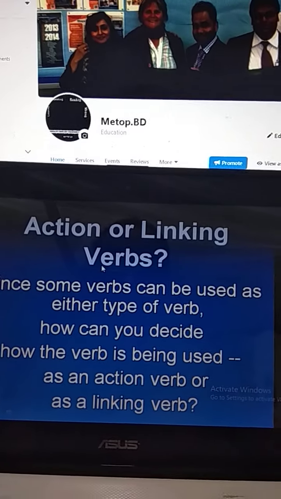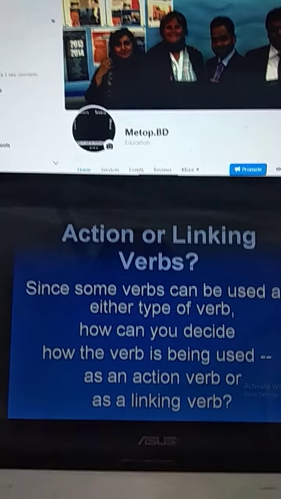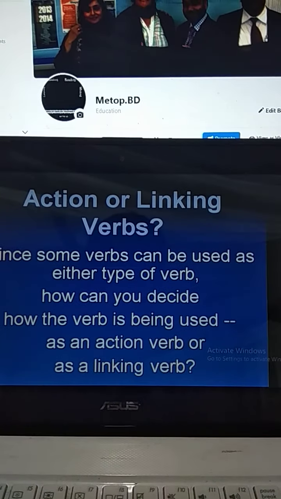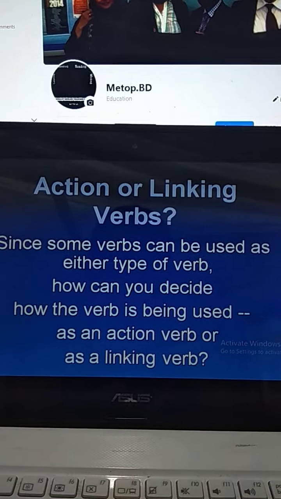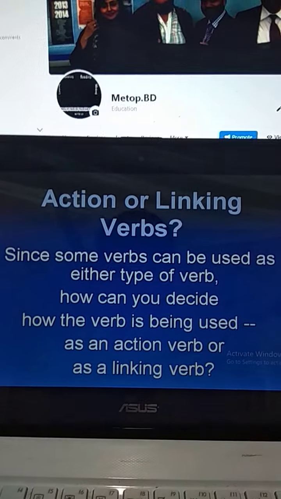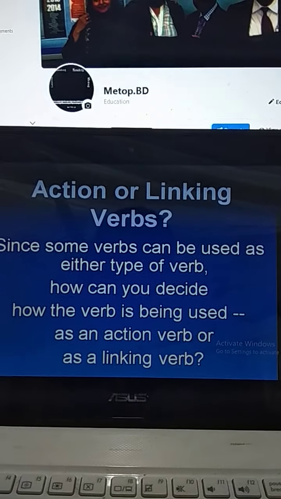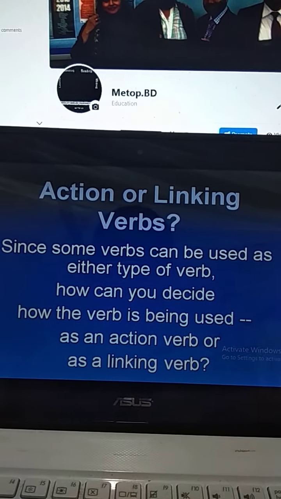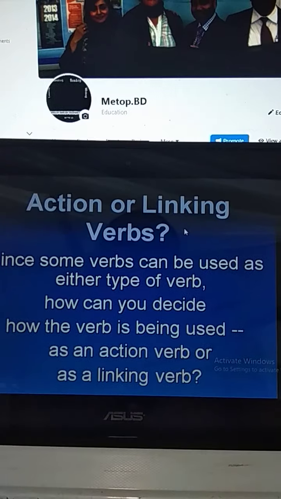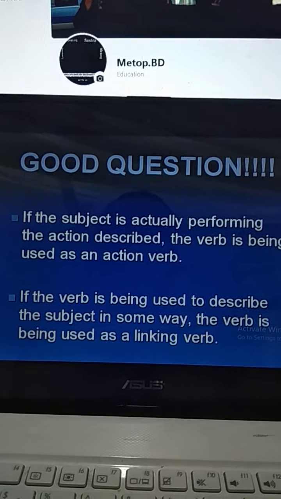Next, action or linking verbs. Since some verbs can be used as either type of verb, how can you decide how the verb is being used, as an action verb or as a linking verb? Let's see. It's a good question indeed.